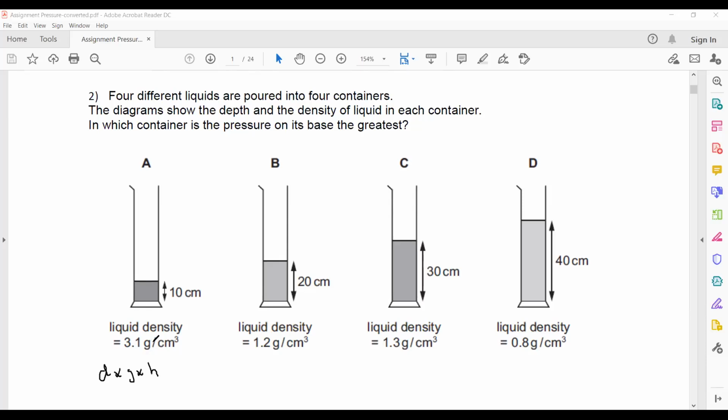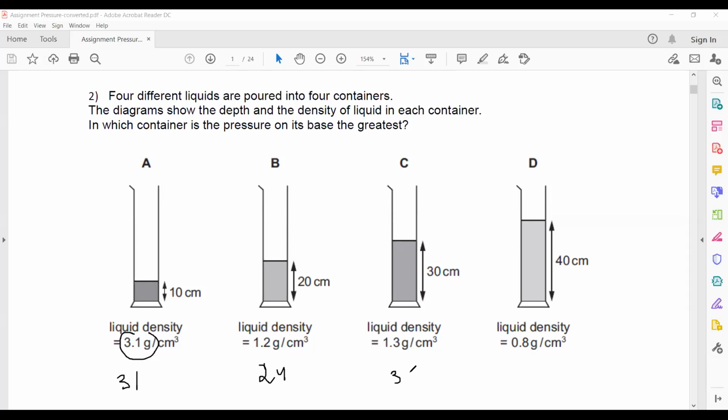So density is 3.1 multiplied by gravity, 10, multiplied by height. For all the cases, the gravity is 10, so I don't have to multiply by gravity just to know which is the highest number. So 3.1 multiplied by 10, I'll get 31. 1.2 multiplied by 20, so 24. 1.3 multiplied by 30, so 39.